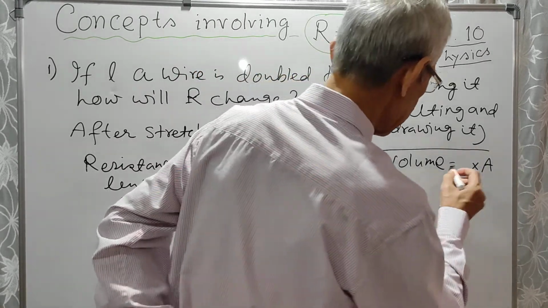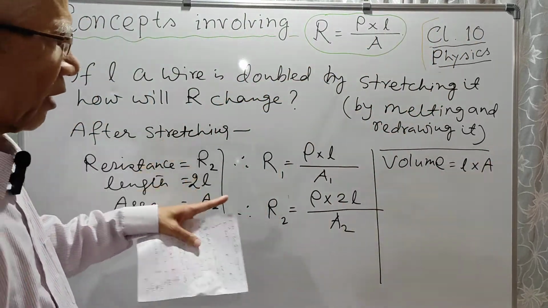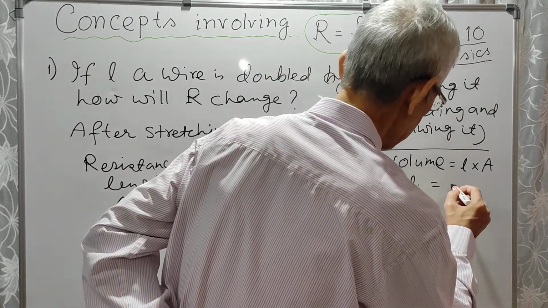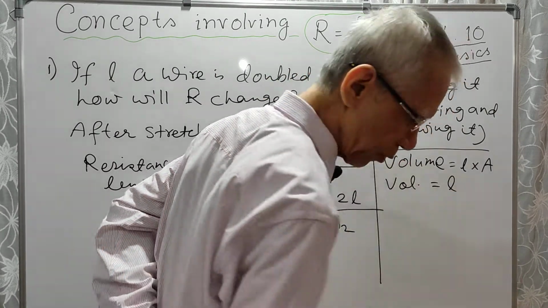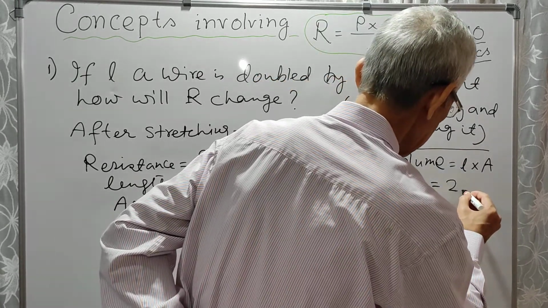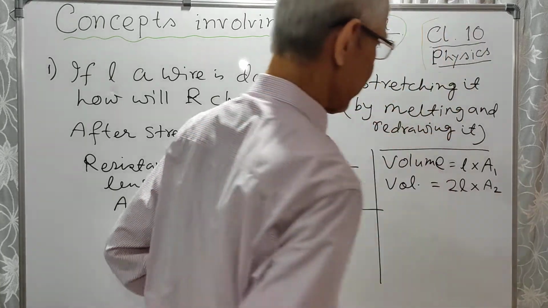So the original wire had this volume, and after stretching, after redrawing, the volume has become what? Length is now twice L. Length into area, this is A1, this is A2.